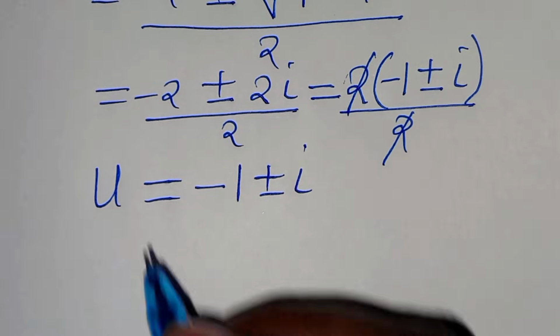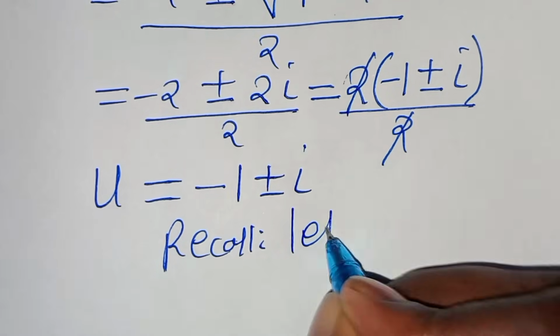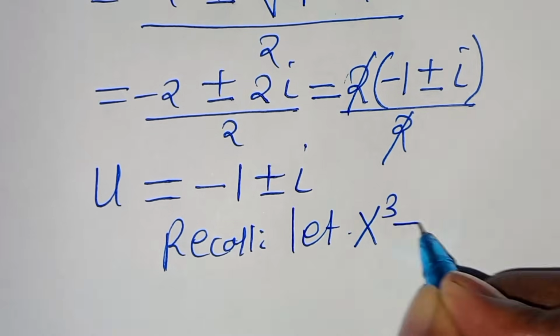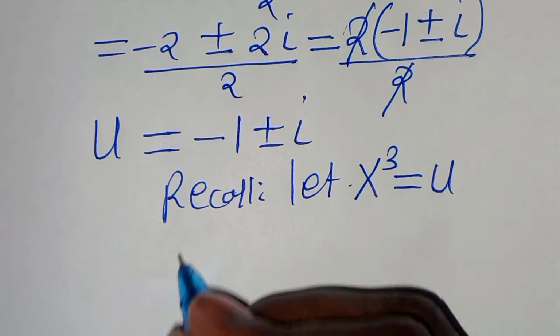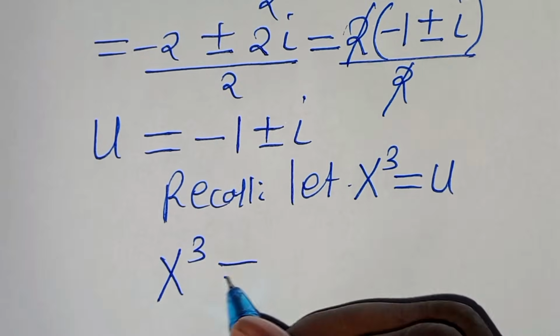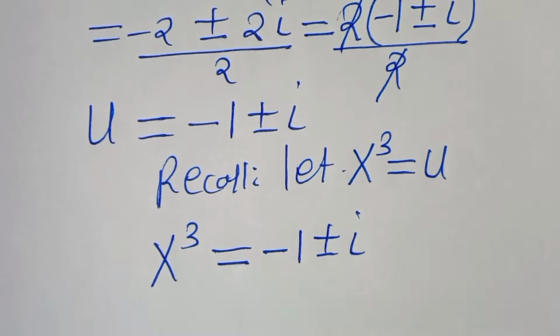Now, if you recall, we have seen that we let x to the power of 3 be equal to u. So this implies that x to the power of 3 is equal to minus 1 plus or minus i.